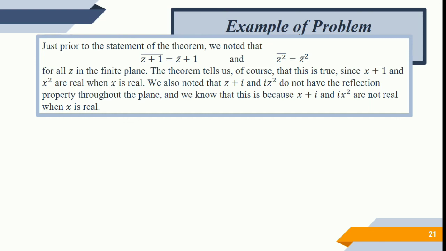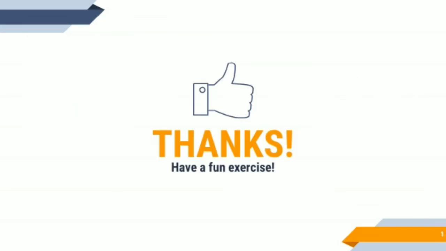The theorem tells us, of course, that this is true since x plus 1 and x squared are real when x is real. We also noted that z plus i and i z squared do not have the reflection property throughout the plane, and we know that this is because x plus i and i x squared are not real when x is real. That's all the material from us about analytic functions, harmonic functions, and uniquely determined analytic functions.